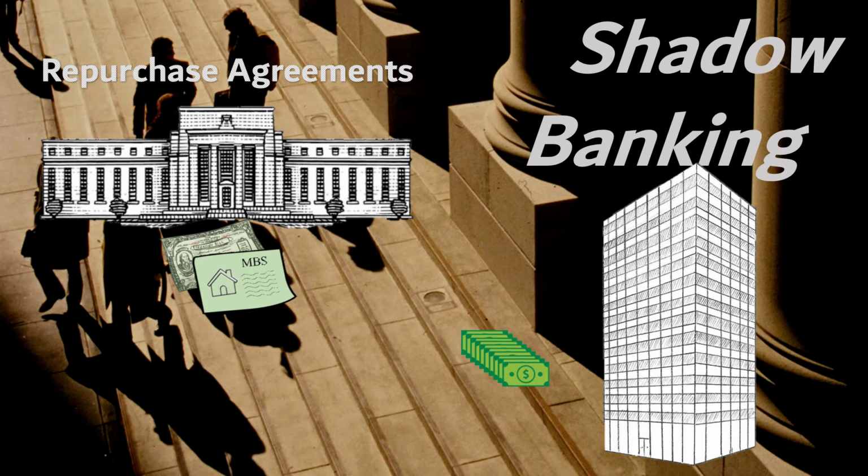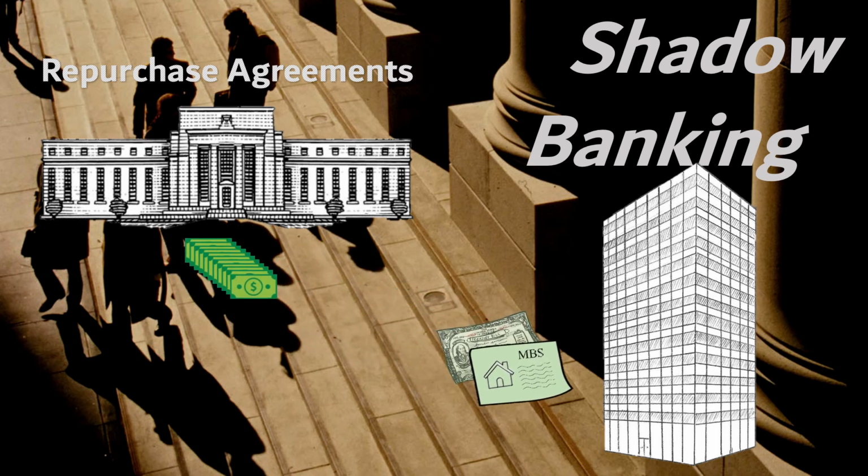But the agreement is that the bank will buy the assets back the next day, paying a little interest for the loan. With repurchase agreements, the Fed can make sure these investment banks have enough cash to meet their needs and can quickly liquidate assets for a day if they need to. And of course, if they still need cash the next day, they can do more repo agreements.